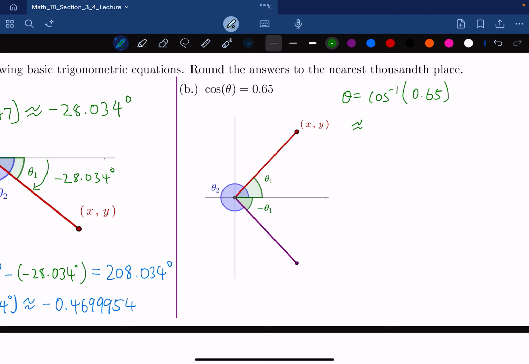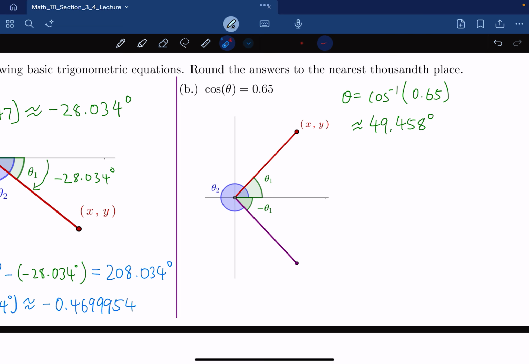We're going to get 49.458 degrees, again to the nearest thousandths place.